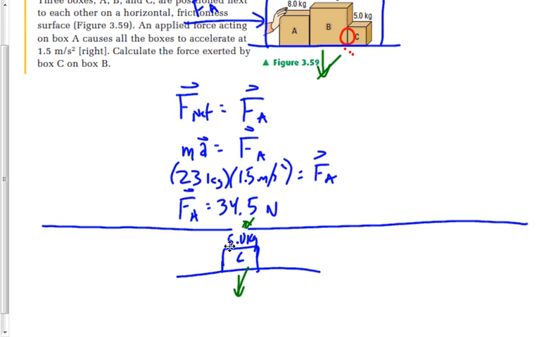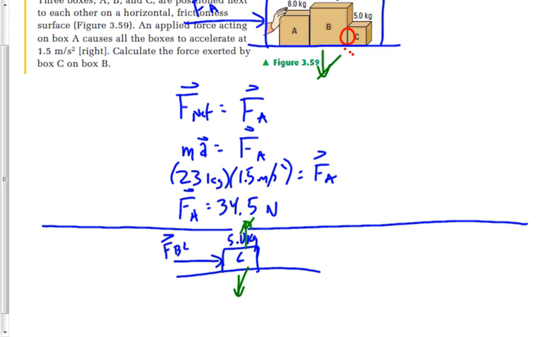What other force pushes on ice cream box C? We're assuming there's no friction here, because they would have told me if there was friction. Does object B push on C? Sure it does. The force of B on C. There are no others.